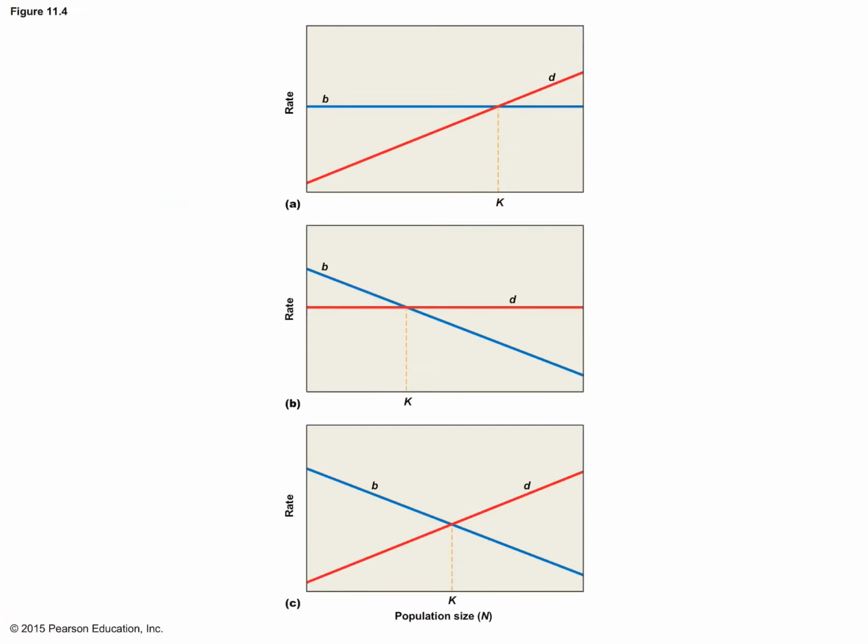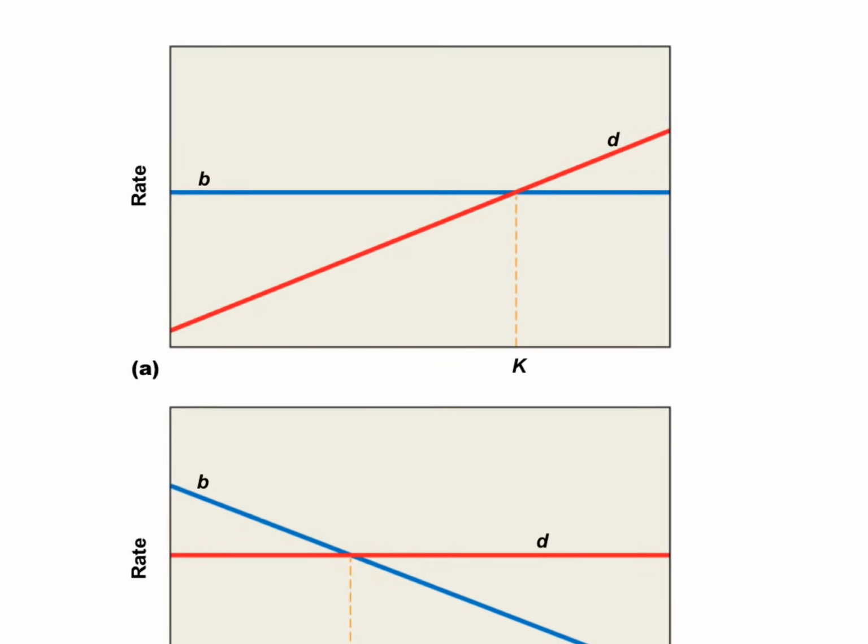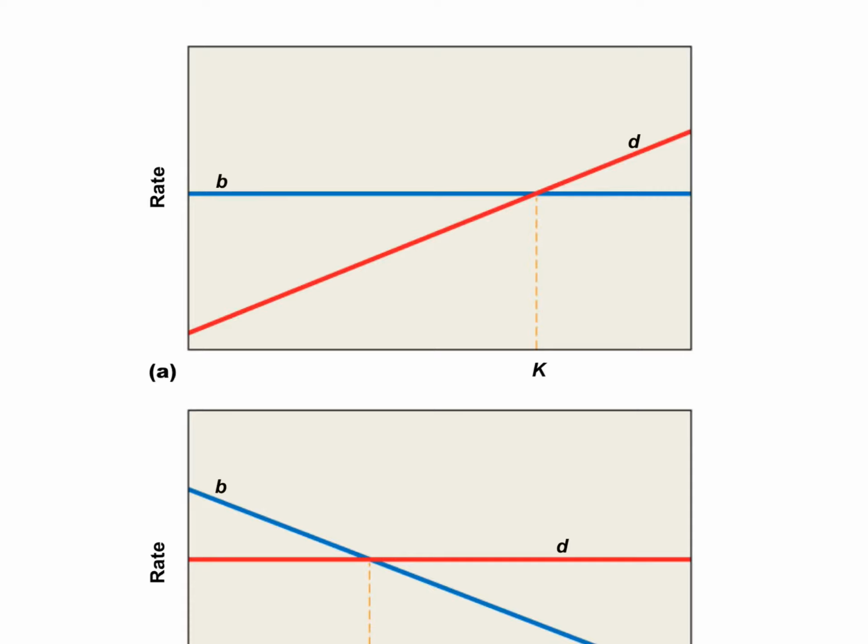All right, so in this next figure, notice that for all three of these parts, A, B, and C, we have population size with K indicated on our x-axis, all right? And then we have the rate of births and deaths indicated on the y-axis. So let's zoom in onto the top one here so you can see it better. Okay, so in A, birth rate is independent of population density, okay? There are situations where that might occur.